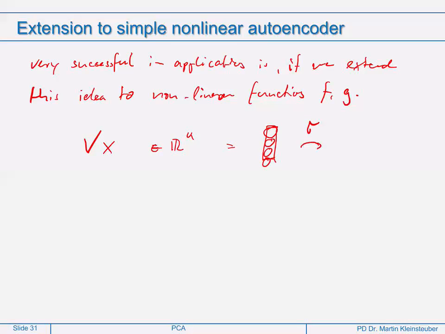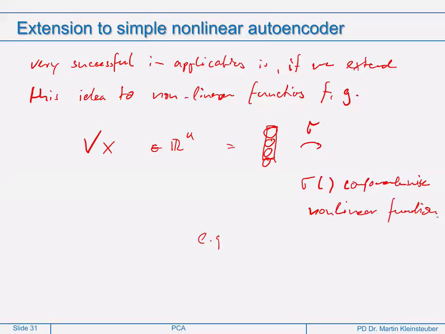Some sigma, and sigma is a component-wise nonlinear function.